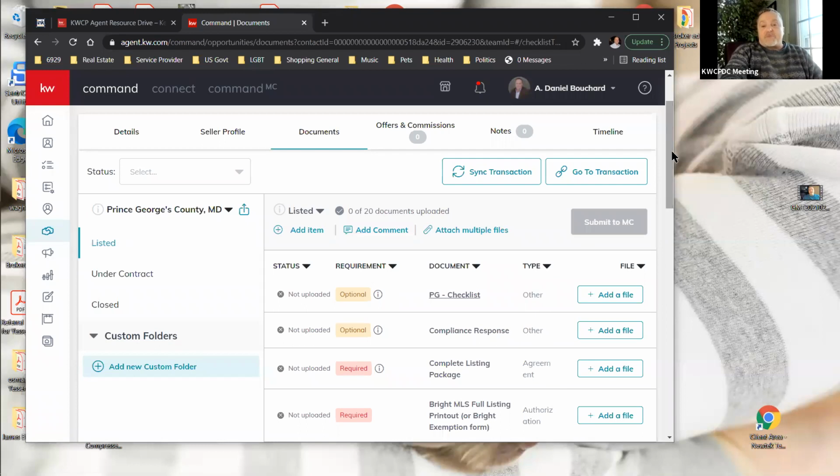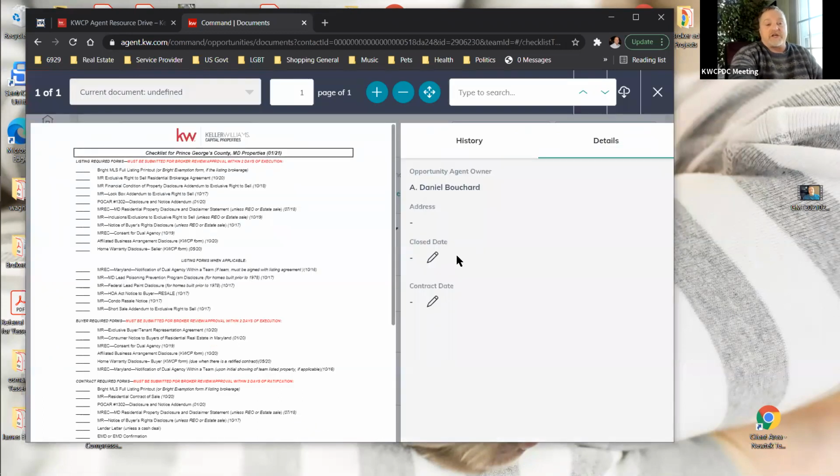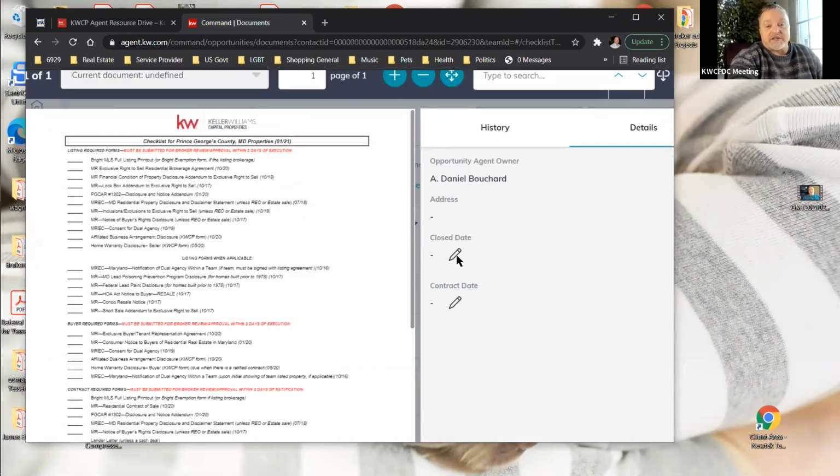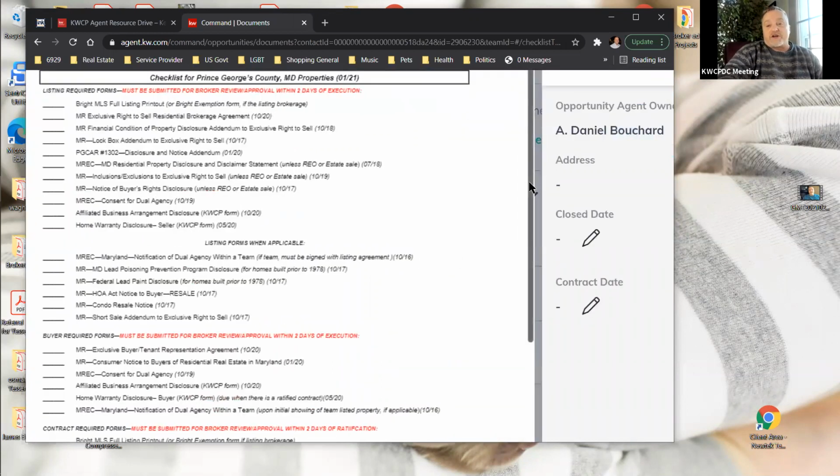Once you're in the opportunity, what you can do right off the bat is go here to the checklist, and you're going to see a list of all of the documents that are going to be needed for you to satisfy this listing in Command. You can go right down the list so that you will know what is needed.